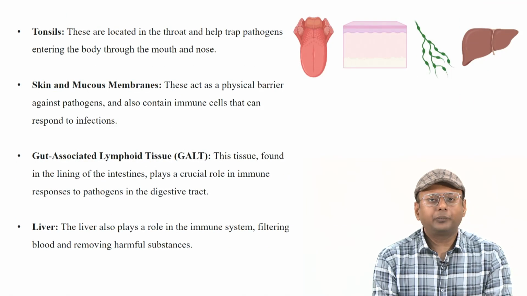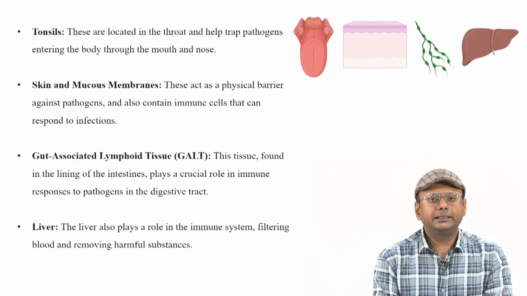Then we have another important immune organ, the tonsil, which is located near our throat. It also helps to trap pathogens that enter through the mouth. So the tonsil is also one of the very initial immune related organs.